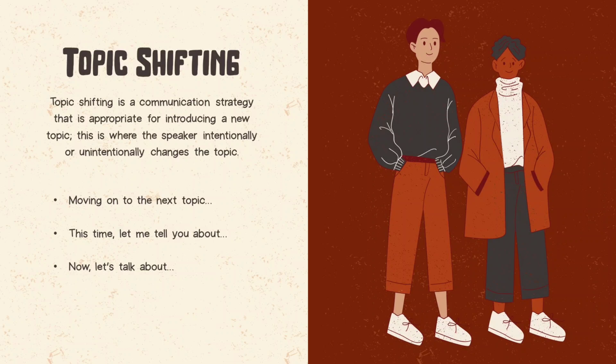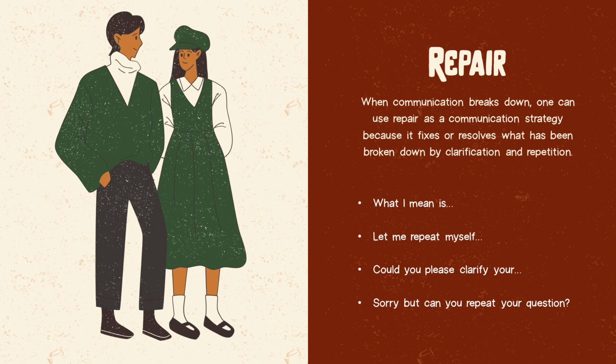This strategy is used to change the topic to a new one. It is also a smooth transition instead of abruptly changing the conversation. Examples are: Moving on to the next topic. This time, let me tell you about. Now, let's talk about.